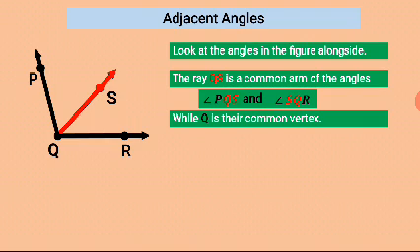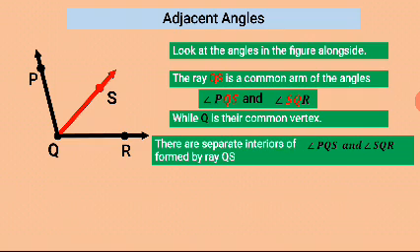There are separate interiors of angle PQS and angle SQR formed by ray QS. QS ray मुळे angle PQS and angle SQR चे इंटेरियर सेपरेट झालेत, बट QS is a common arm. Focus on the common arm QS.